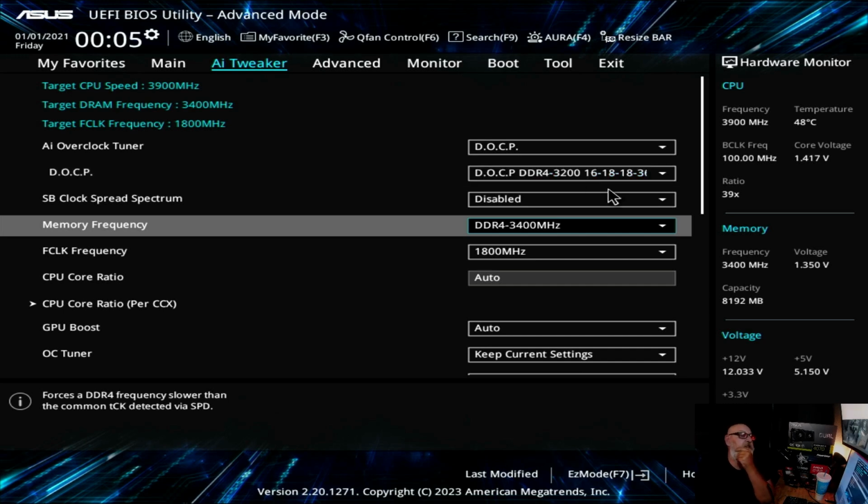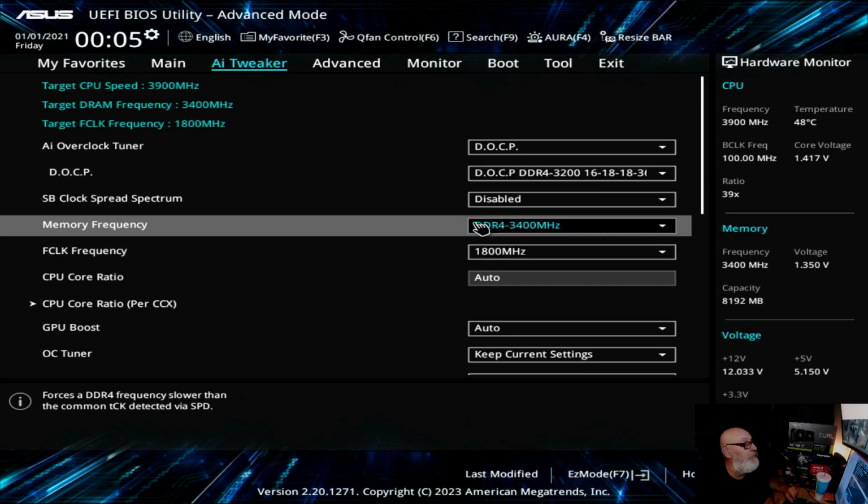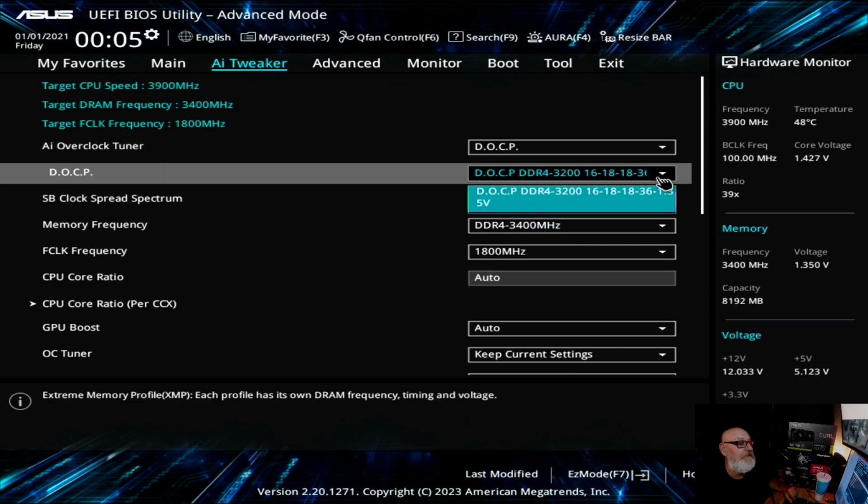So basically, your DOCP is going to do you no good on your clock settings, because it's going to automatically set it at 3200. And if you want 3400 on your memory frequency, then basically you're going to have to leave this on auto.